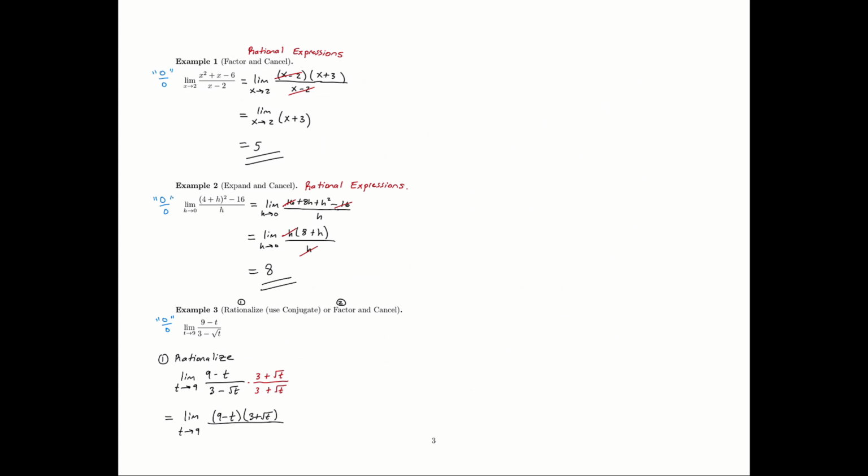So this would end up being 3 minus, it's not 3, excuse me, this would be 9 minus t if we FOIL it all out. It's a difference of squares. We can then cancel that. And what's left over is just the limit as t goes to 9 of 3 plus root t. So again, you are more than welcome to rewrite it and then in another step take the limit, or we can just take the limit right now, which is going to be 3 plus the square root of 9, so 3 plus 3, which is 6.